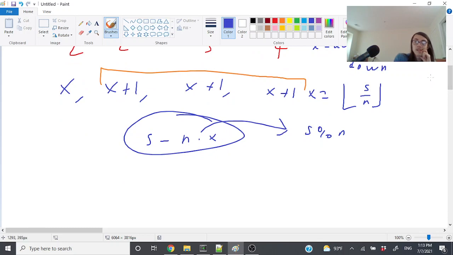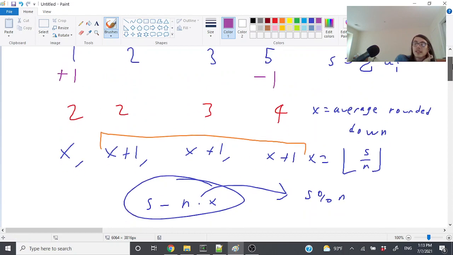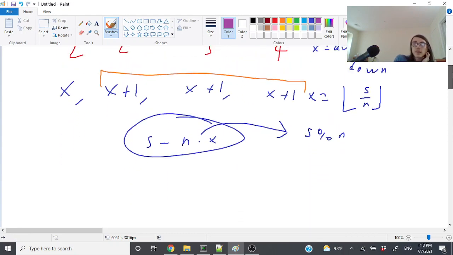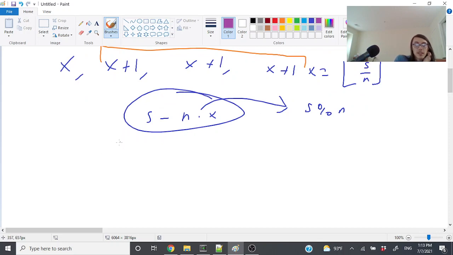So why is this the case? The reason is, we can prove that if it's not the case, then we can do better. Suppose we have a number that's too small. For example, here we could have 2, 3, 3, 3.